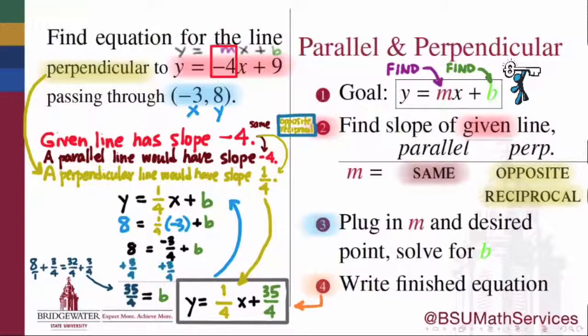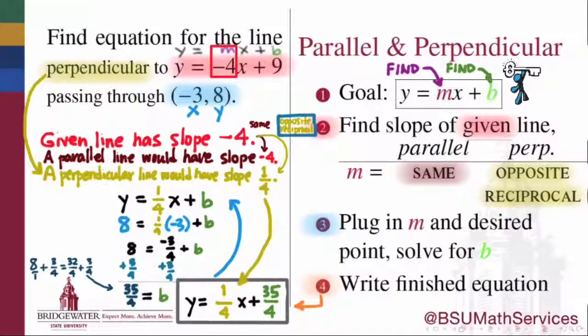What you do next depends on whether you're being asked for a line which is parallel to the original or perpendicular to the original. If parallel, keep the slope the same and use that slope in your new line. If perpendicular, take that slope and determine its opposite reciprocal. Flip it upside down and change its sign, either from negative to positive or from positive to negative.